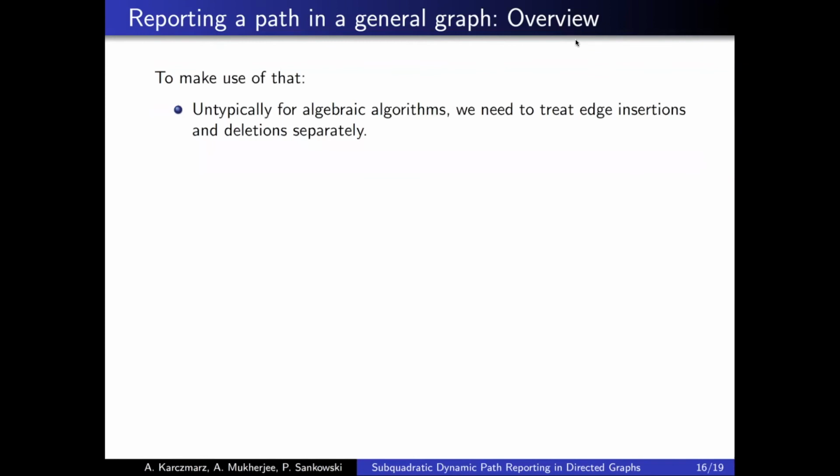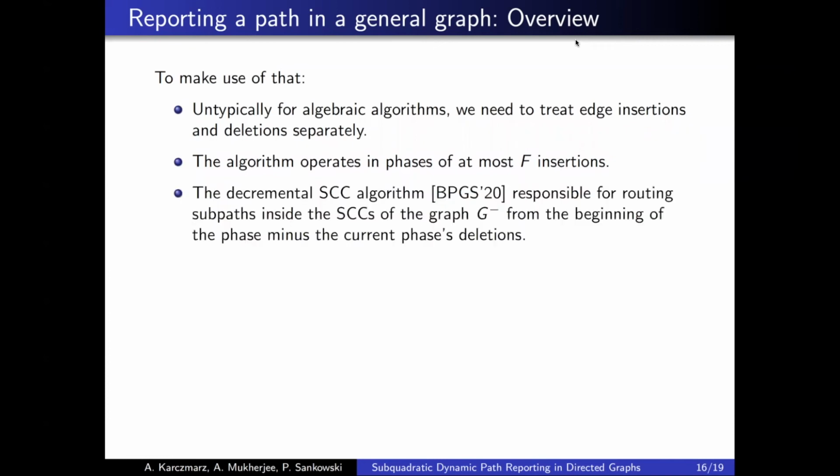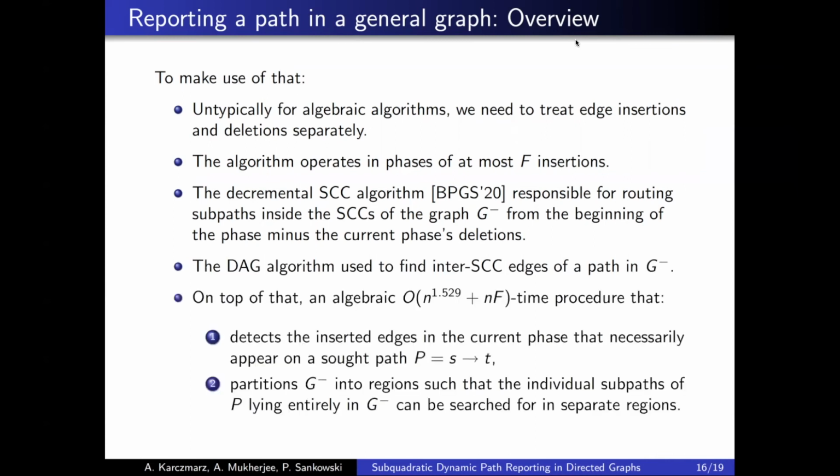Now, to make use of that, we need to treat edge insertions and deletions separately. The algorithm operates in phases of at most F insertions. The decremental SCC algorithm is used for routing subpaths inside the strongly connected components of the graph G minus, from the beginning of the phase minus the current phase's deletions. The DAG algorithm is used to find inter-SCC edges of a path in G minus.